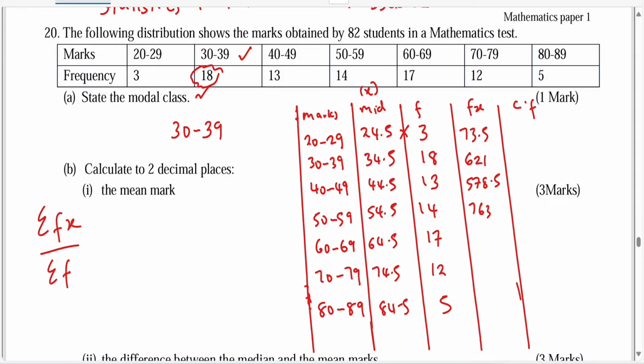Okay, 64.5 times 17 itakupa 1096.5. 74.5 times 12 itakupa 894, and the last one being 84.5 times 5, which gives you 422.5. Now add all of this.